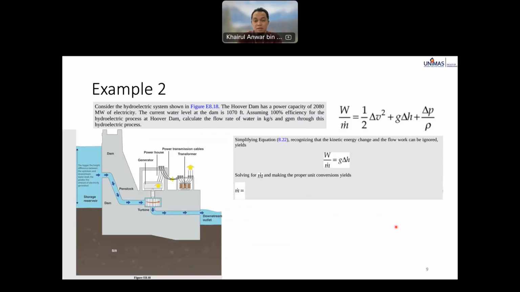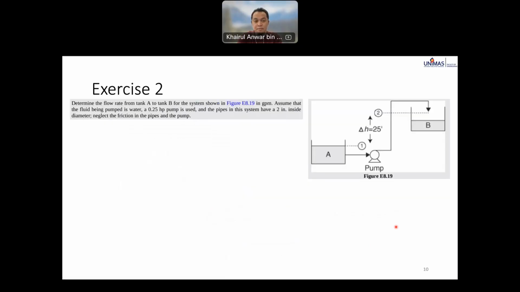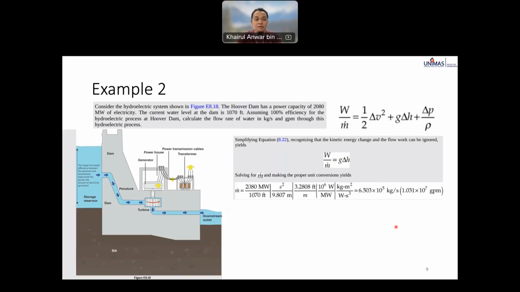So example 2. Consider the hydroelectric system shown in figure 8.18. The Hoover Dam has a power capacity of 2080 megawatts of electricity. The current water level at the dam is 1070 feet.